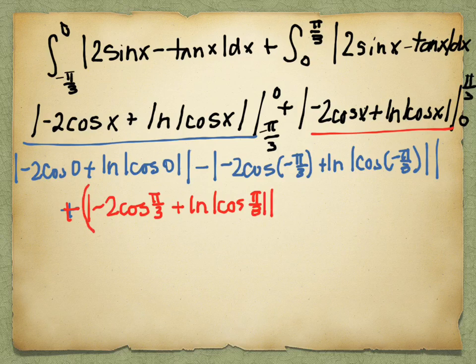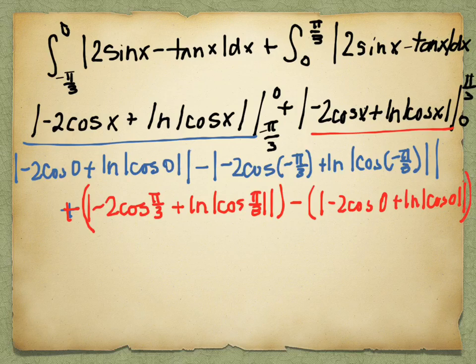All of that needs to be minus negative 2, yeah, I wrote it right, negative 2 cosine of 0 plus the natural log of the absolute value of the cosine of 0. I'm going to need one more of those and then a parenthesis, I think. Got so many symbols here, I'm not sure. Okay, let's see what we've got.